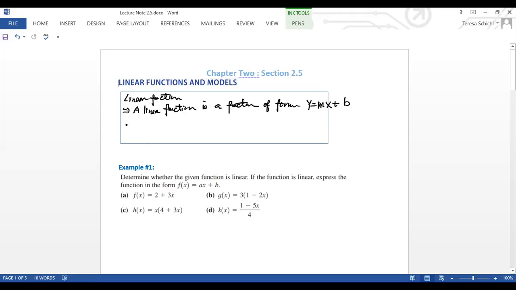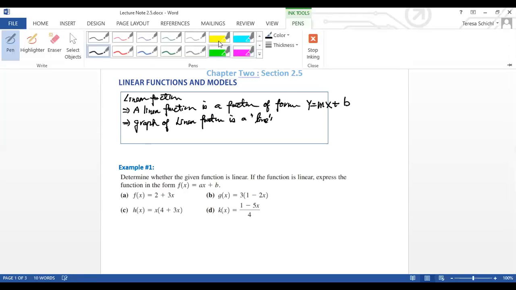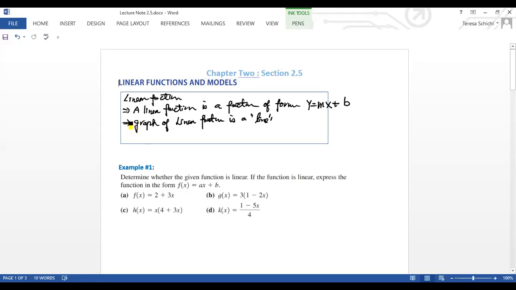The graph of the function is kind of obvious, right? The graph of a linear function is a line. A linear function means every function you can write with just y and x.